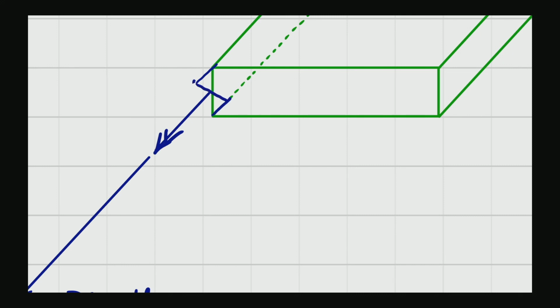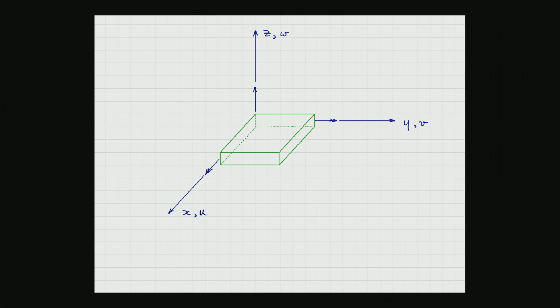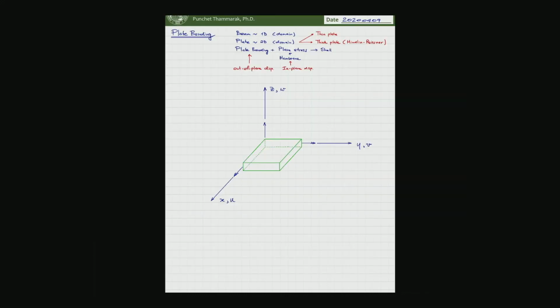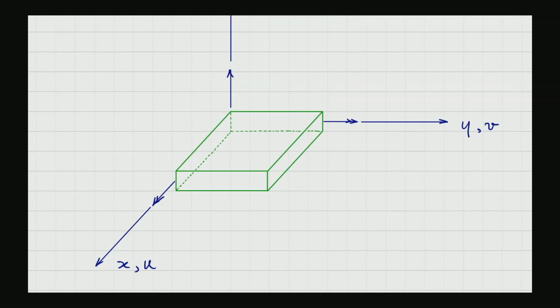So you can have the u, this point can displace, this point can displace like that. But if you consider the neutral axis, neutral layer, neutral plane of the plate, you will not have displacement in plane direction. So the u and v that we are talking about now are the u and v that vary along the z direction, but not the u and v at the neutral plane.